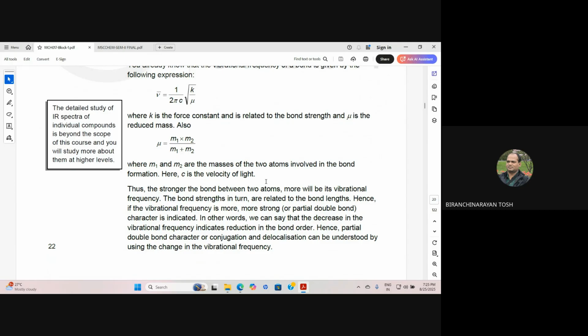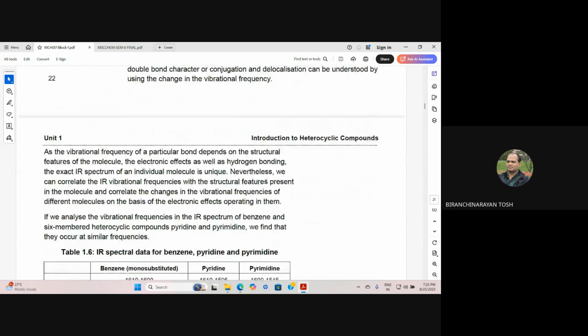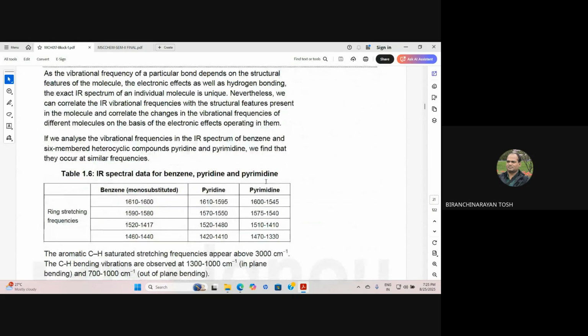In other words, a decrease in the vibrational frequency indicates a reduction of bond order. This is the IR spectra for benzene, pyridine, and pyrimidine. What are the characteristic peaks that we will get in IR spectroscopy?